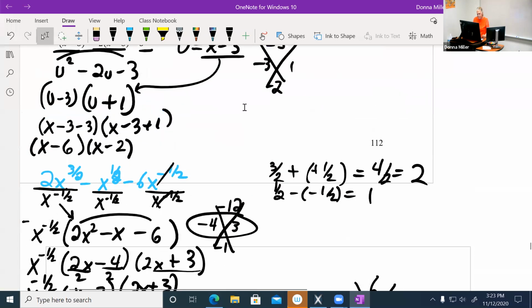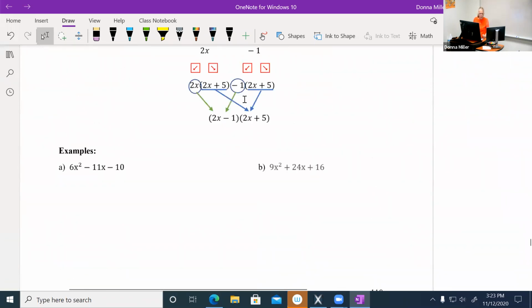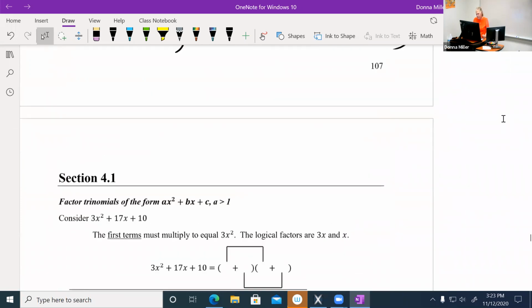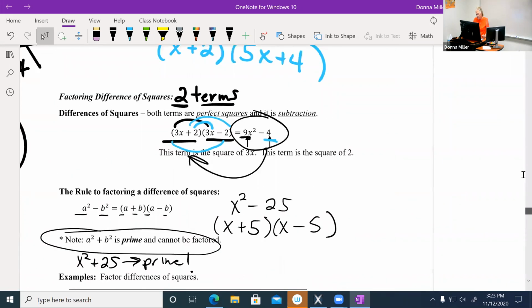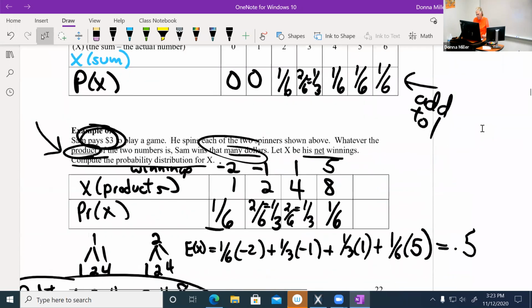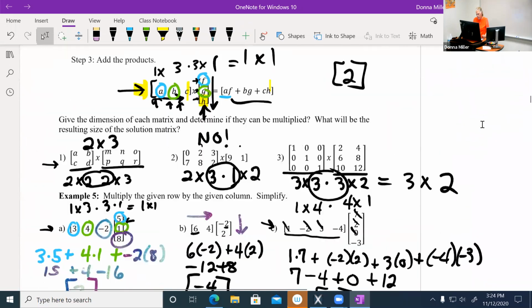All right, so what we're going to do is talk about section 4.2, which I think starts on page 39.